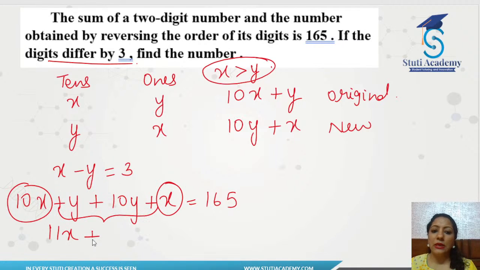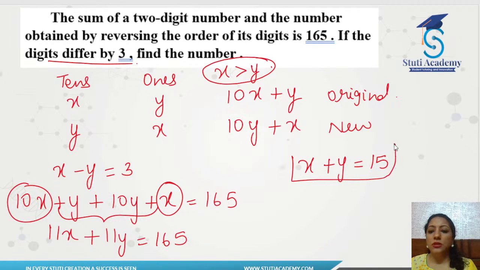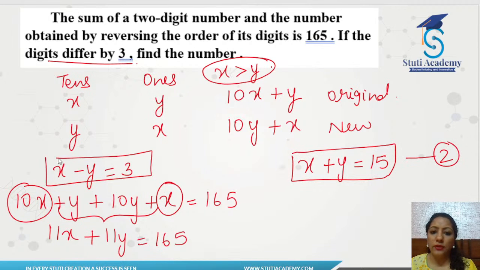This will give us 11y is equal to 165. We are going to divide throughout by 11. We will get here x plus y is equal to, let's see how much we get, 15. X plus y will give us 15. Yes. So this is the second equation, and the first one we had already written here.